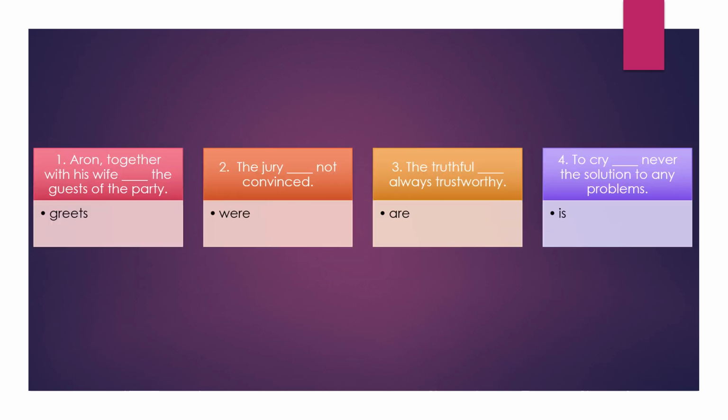Aaron, together with his wife, dash the guests of the party. Now, the moment we spot words or phrases like with, together with, along with, accompanied by, and as well as, we need to identify such words and put them within a bracket.